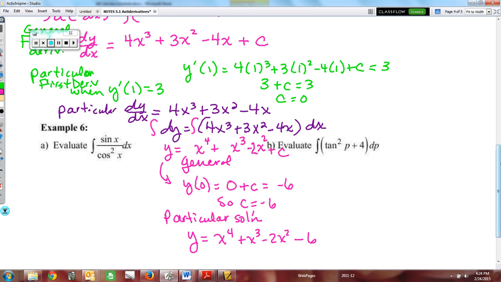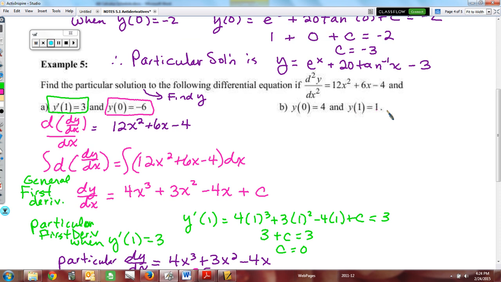All right, let's take a look at the next one. Notice that here I didn't give you any information about the derivative. I only gave you information about the original, but I did give you 2 pieces of information. So when I do this, the first step is the same.